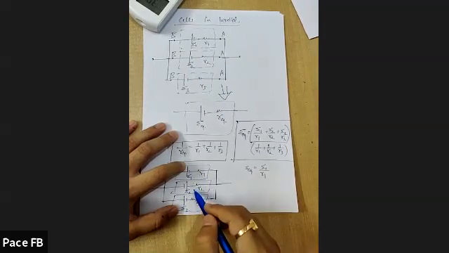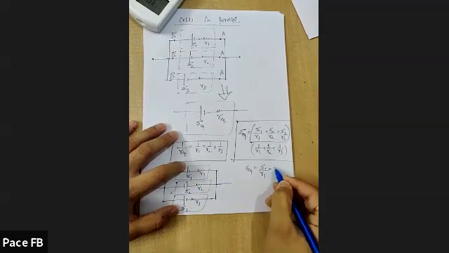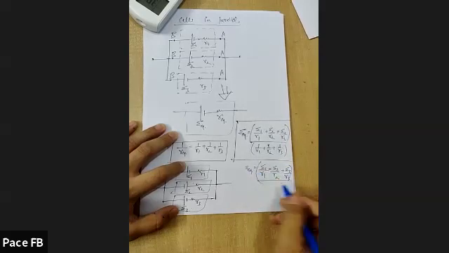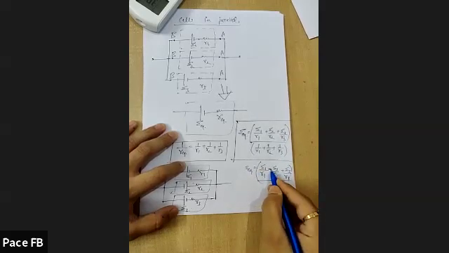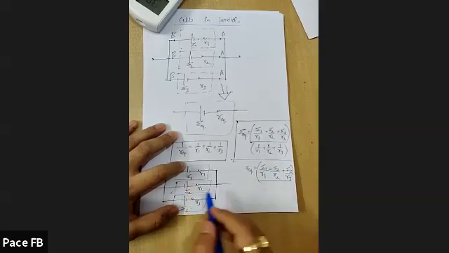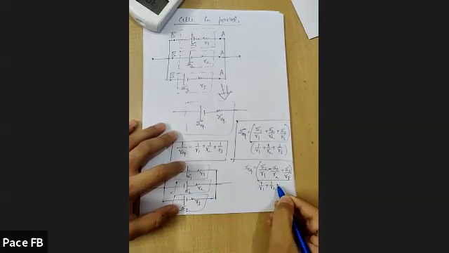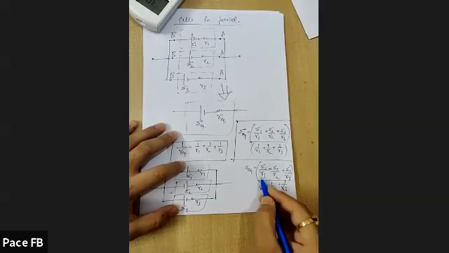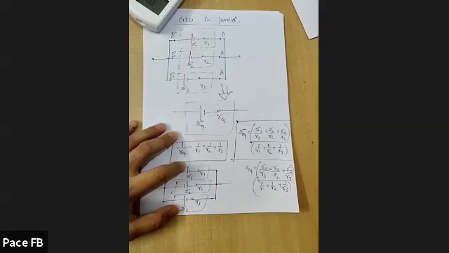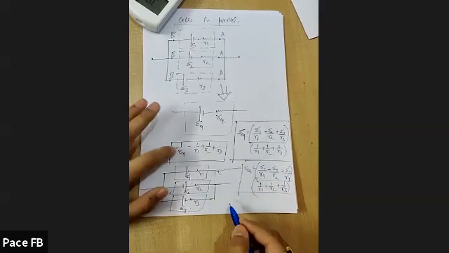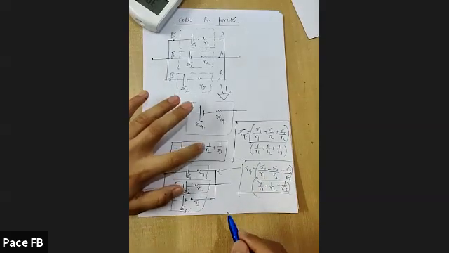So this would be taken as negative: minus E2 upon R2, and again plus E3 upon R3, and whole upon 1 upon R1 plus 1 upon R2 plus 1 upon R3. If we reverse the polarity, only one negative sign will come. And R equivalent will remain the same: 1 upon R equivalent is equal to 1 upon R1 plus 1 upon R2 plus 1 upon R3.